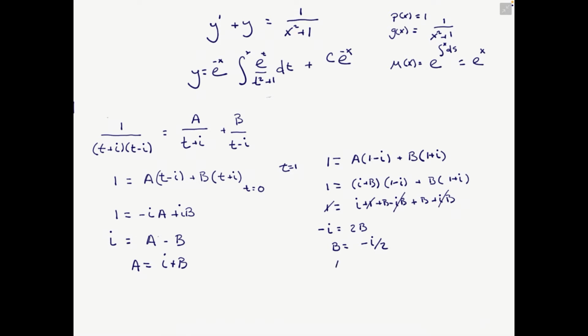That means that a equals i plus b, so that's plus minus i over 2, which means that a is i on 2. So we have a equals i on 2, b equals minus i on 2.